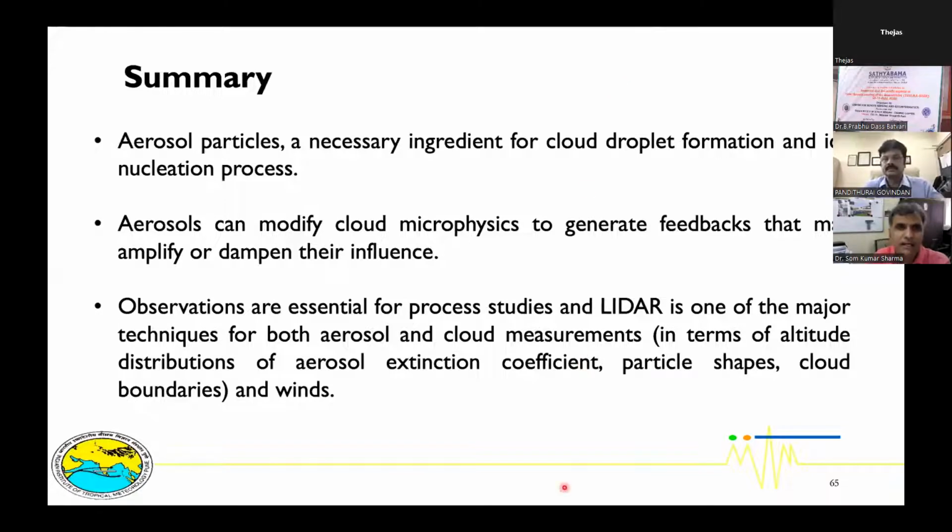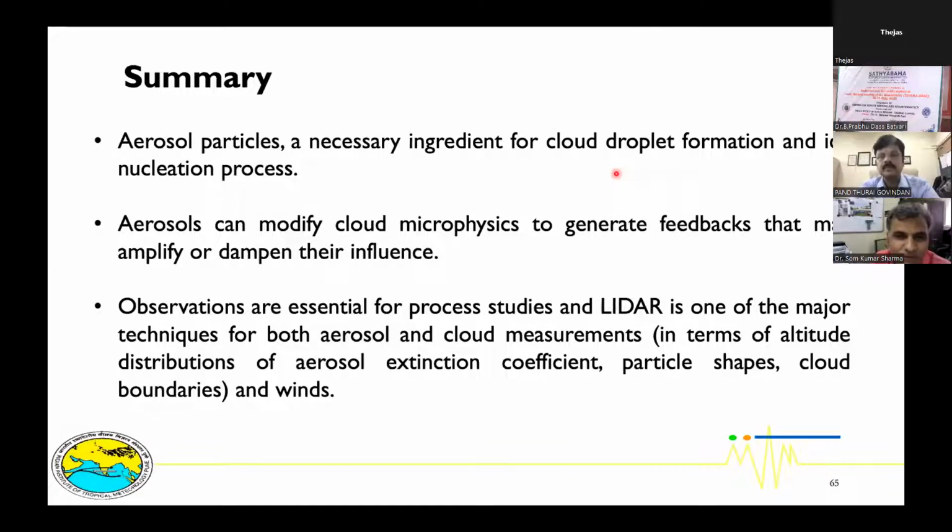Pandithurai ji, that was a very comprehensive and very nice talk about cloud aerosol interaction. I think it will be very useful for the young colleagues if you can say, from the LIDAR and from the cloud radar, suppose you measure the cloud properties, like with the Raman LIDAR we also measure the cloud microphysical properties, and the cloud radar also gives them.